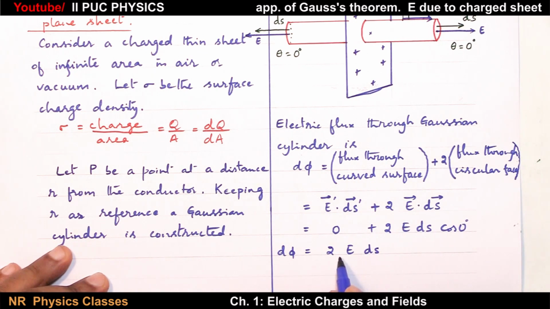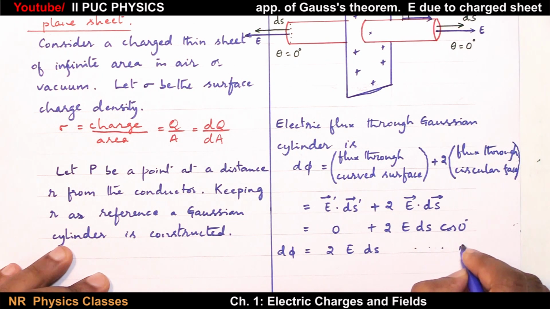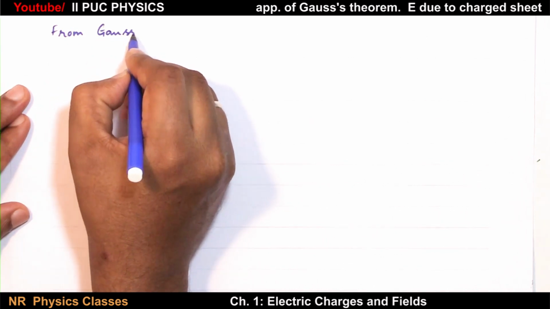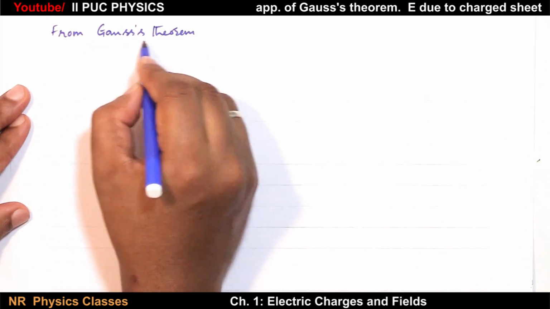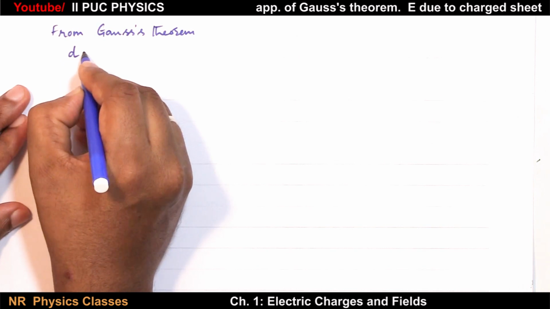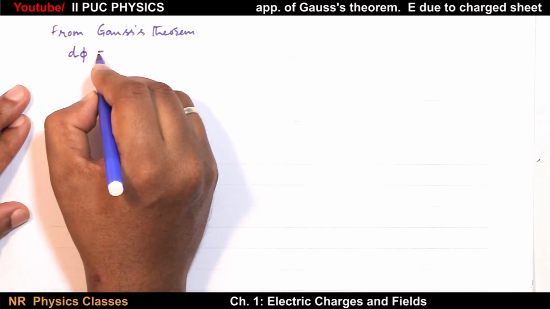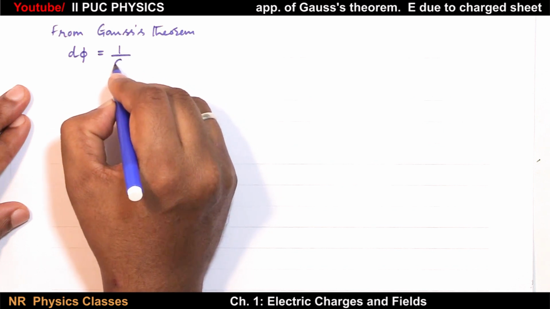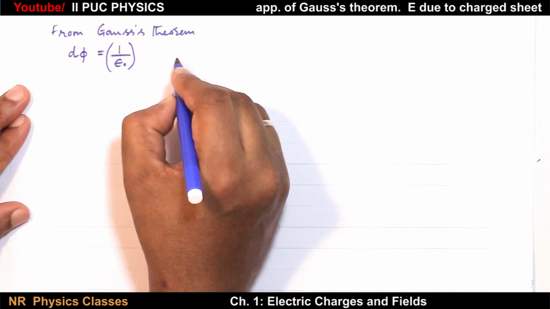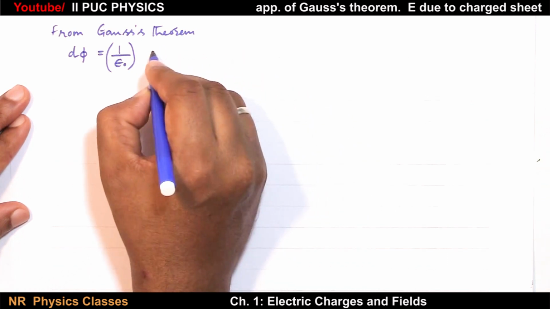When you are writing, leave some space between these two. Okay, it will have clarity. Let this be equation 1. From Gauss theorem, flux through Gaussian surface is equal to 1 by epsilon naught times total charge enclosed by the Gaussian cylinder.